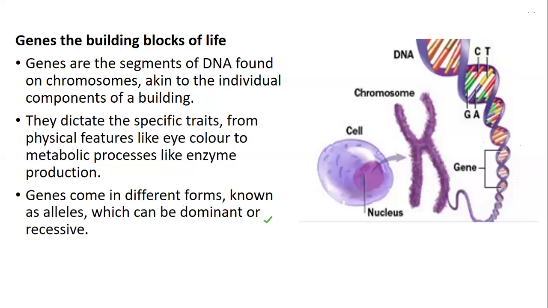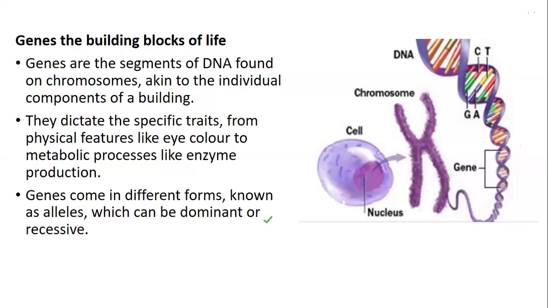So when we talk about genes, notice the spelling of genes, not like the clothes you wear. Genes is G-E-N-E-S. So genes are expressed in different forms. And the different forms in which a gene may be expressed are what we call alleles or allelomorphs.